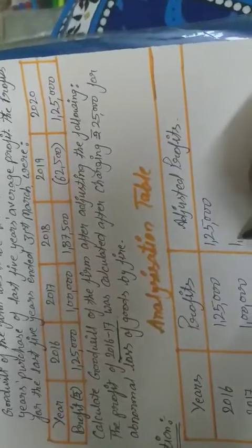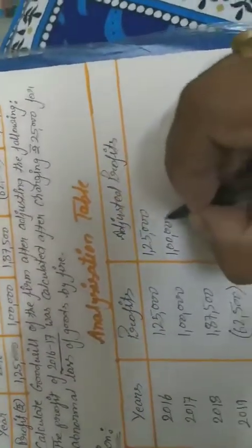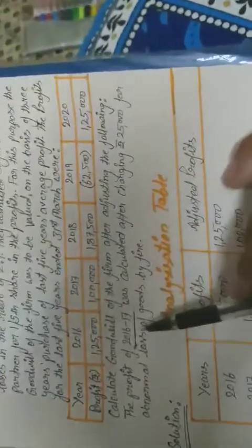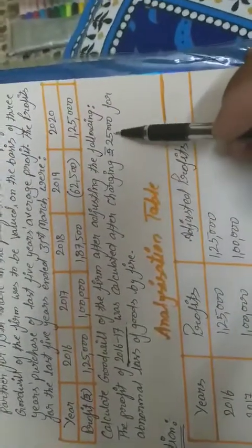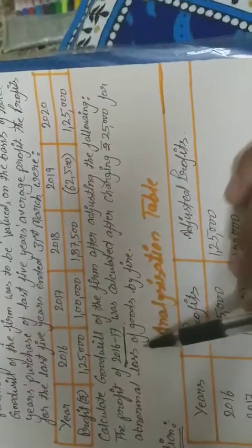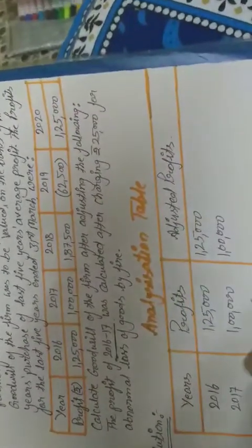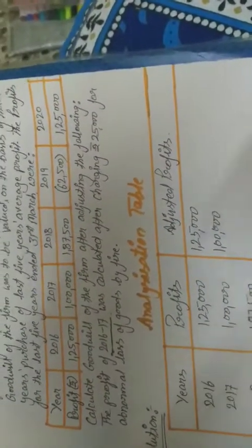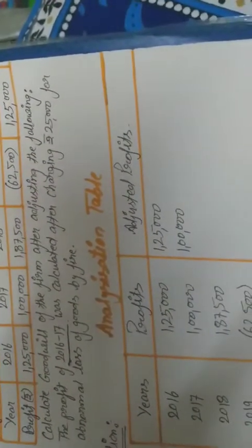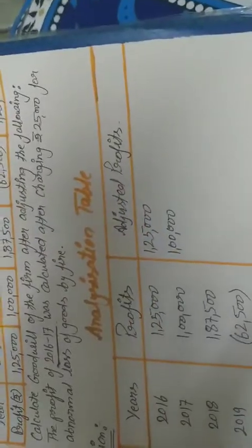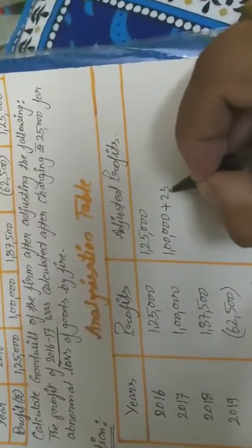So it is 1 lakh of rupees profit already given, but this profit is given after charging 25,000 as an abnormal loss. If abnormal loss is subtracted from the profit, it means profit went down. So that's why we will add once again this abnormal loss to get the operating profit. So we will plus 25,000 as an operating profit.